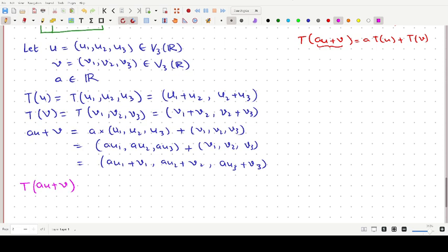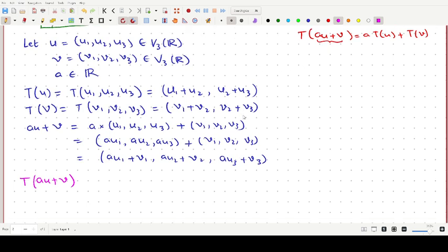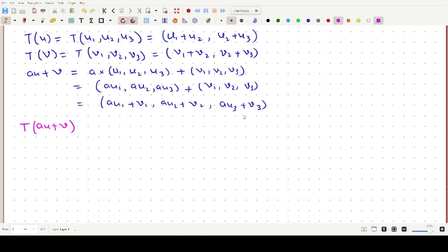Okay, now let the manipulation start for us. Let us get some good amount of white space on the screen. So this gives us T of au1 plus v1, au2 plus v2, au3 plus v3. Correct?